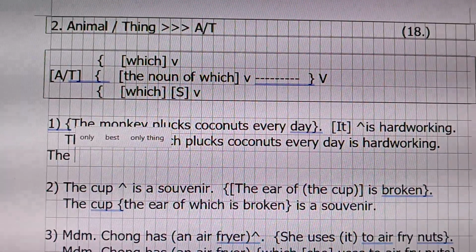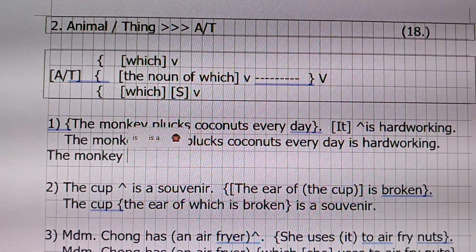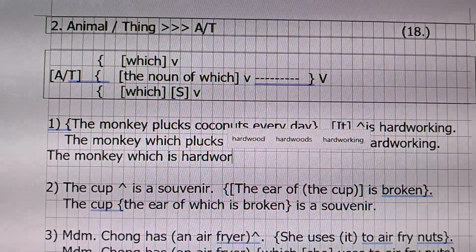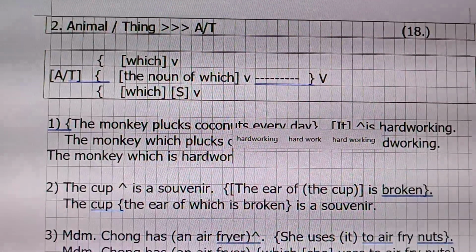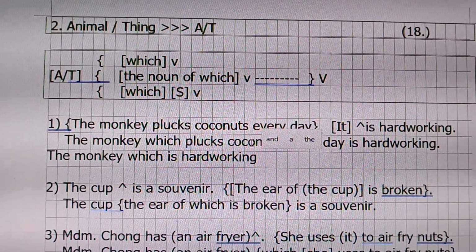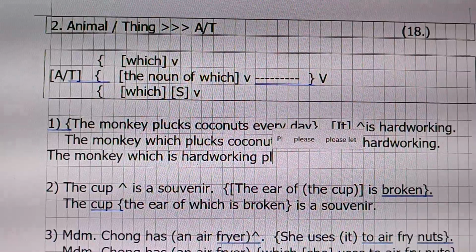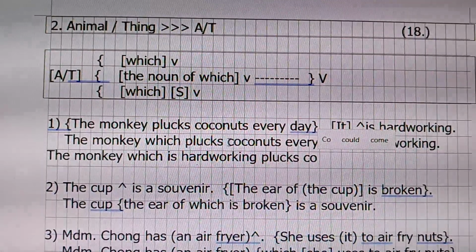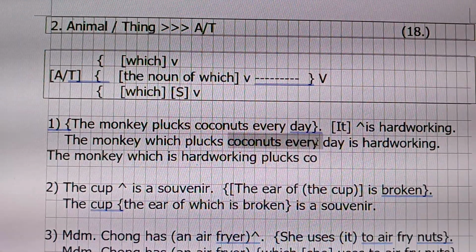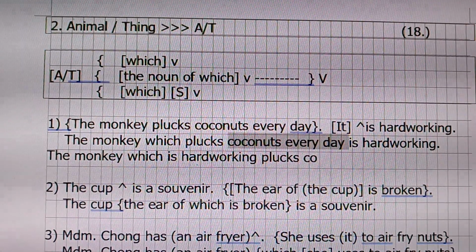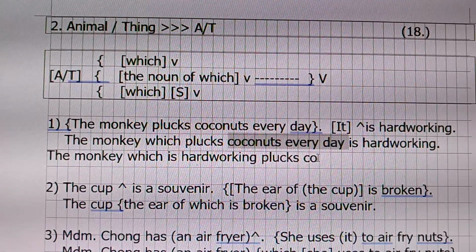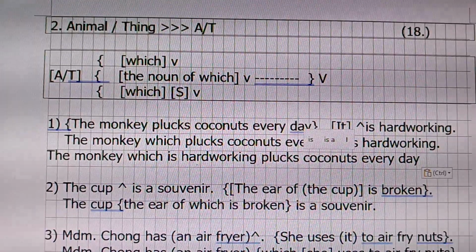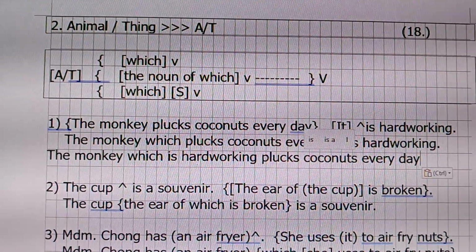The monkey which is hardworking plucks coconuts every day.